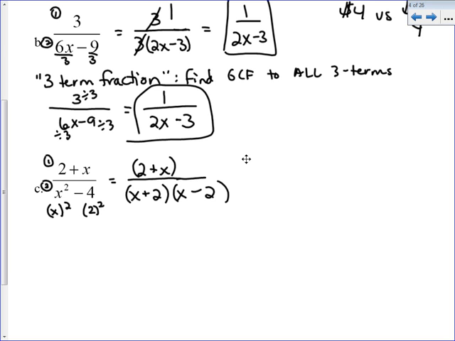So now that I've got this problem factored, now that I have factors, I'm free to start canceling things. Do I have any factors the same in the numerator and the denominator? X plus 2 and 2 plus x. Now they don't look exactly the same, but yes, they are identical. Because with addition, order doesn't matter. So as long as you have the same 2 things in the factors, I can cancel them.